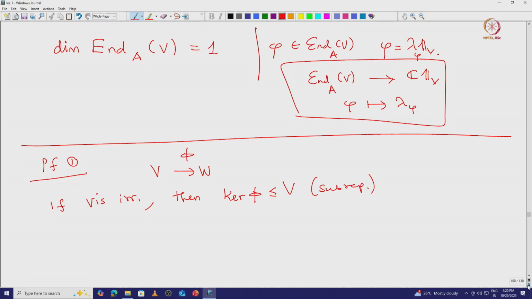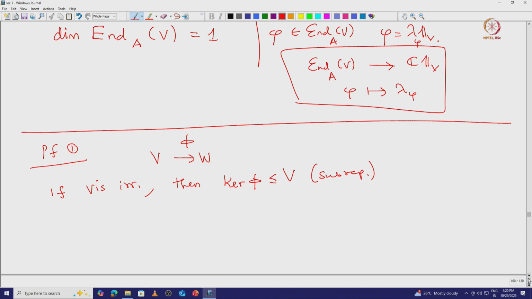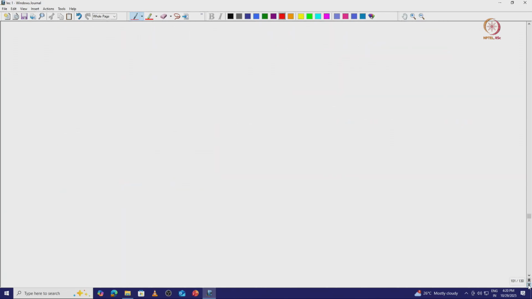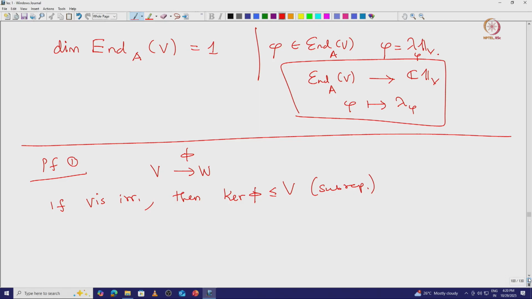So, that means pi becomes the 0 map. So, what is the conclusion that we are making? If kernel of pi is non-zero, then since kernel of pi is a subrepresentation of V, we immediately get V is equal to kernel of pi, and that would imply that pi is identically 0.